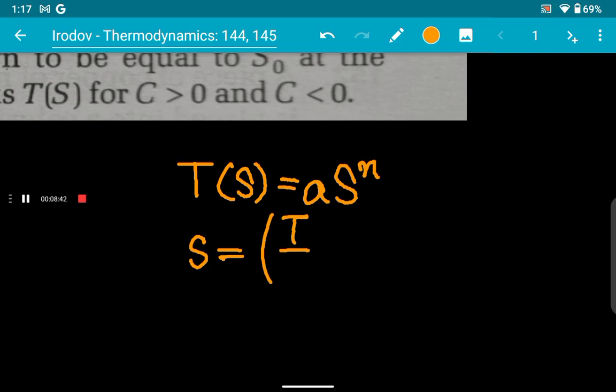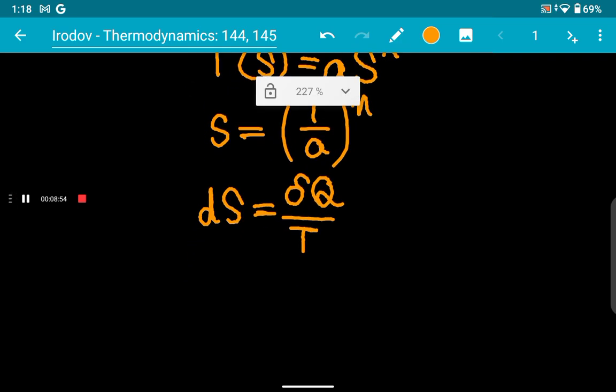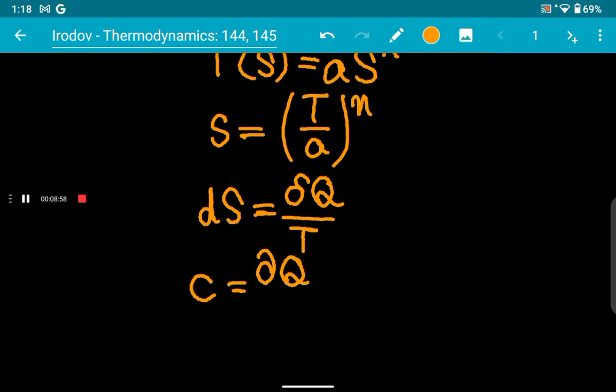This will be basically T by A, and what we had a little ago, dS is basically delta Q by T, and C is equal to del Q by del T.